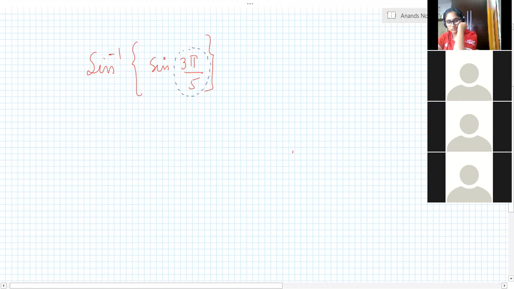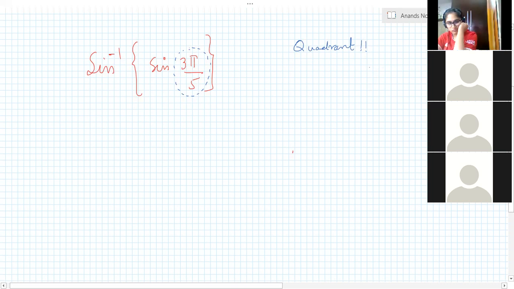Because 3 pi by 5 is pi minus 2 pi by 5. First, identify which quadrant it is. Which quadrant is 3 pi by 5? Second quadrant. Very good.